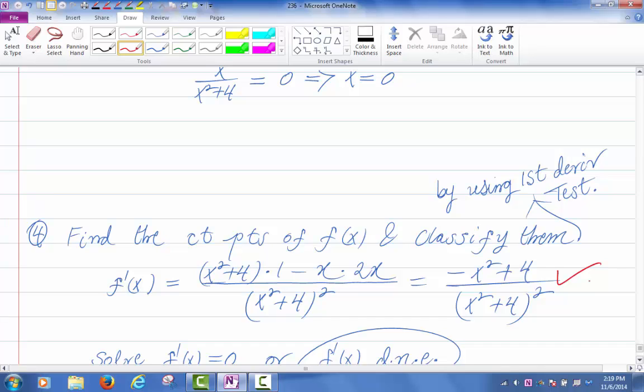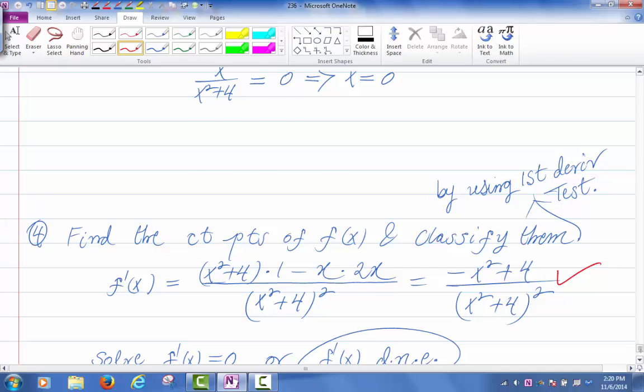What's the sign of the numerator when x is less than negative 2? Well, like negative 3, x squared would be bigger than 4, so it's negative. When x is between negative 2 and 2, for example 0, it's positive. When x is bigger than 2, again negative. For example, 3 squared is 9, negative 9 plus 4 is negative.